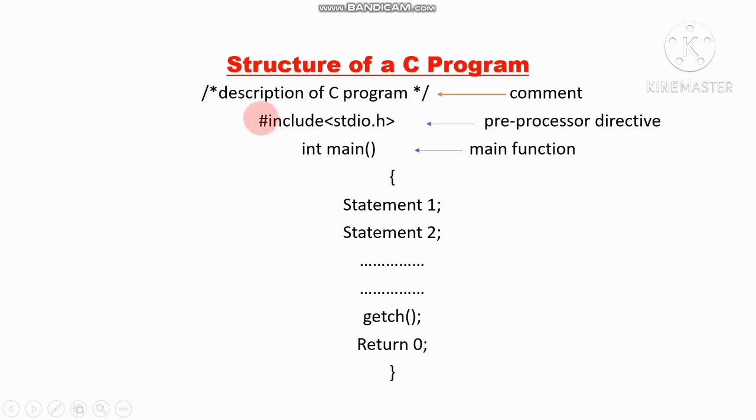Next one is the main line of your C programming language: hash include stdio.h. This header file is used for your C program, and the hash sign is called a preprocessor directive, which tells the preprocessor to include the file stdio.h.